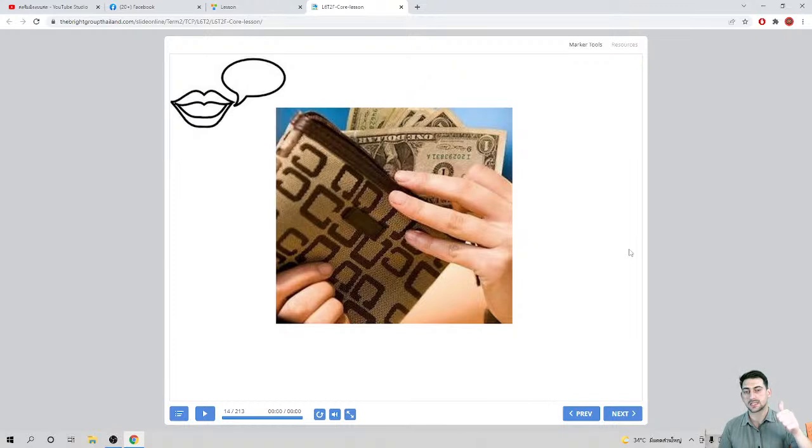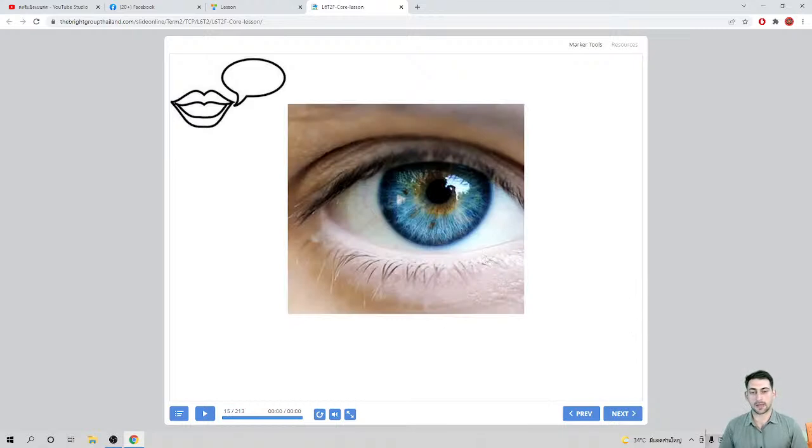We have spend, spent, spent. Good job. Let's remember vocabulary word number 2, the action of seeing something. And the past forms. We have see, saw, and seen.